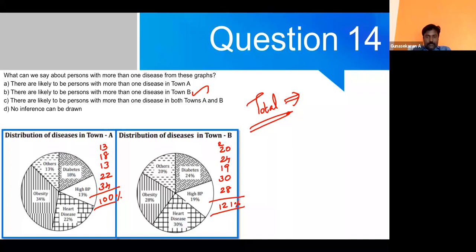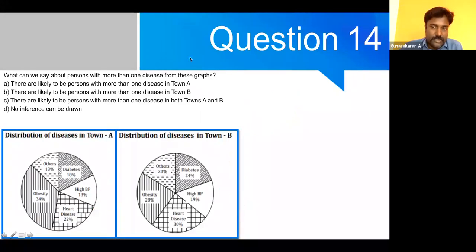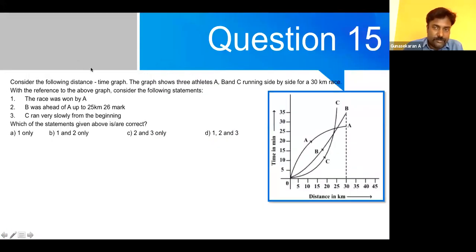Clear? So that's the trick they have done in this question.